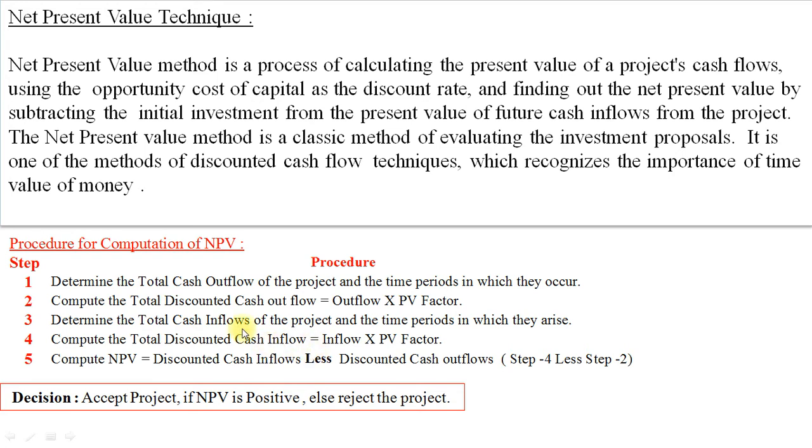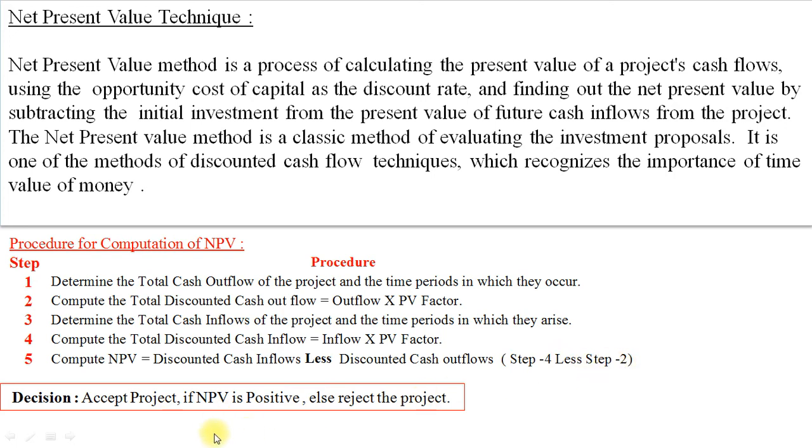In step number 2, we calculate discounted cash outflow. In step number 4, we calculate discounted cash inflow by using the formula inflow multiplied by PV factor. In step number 5, finally, we compute net present value by applying the formula discounted cash inflows less discounted cash outflows, that is step number 4 minus step number 2.